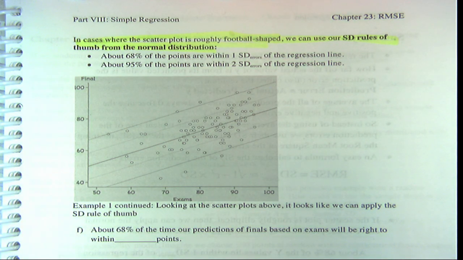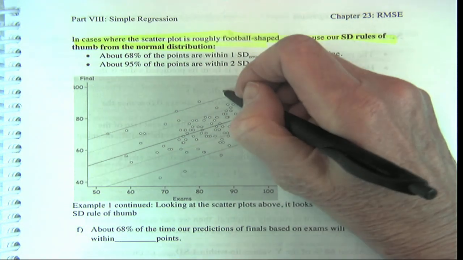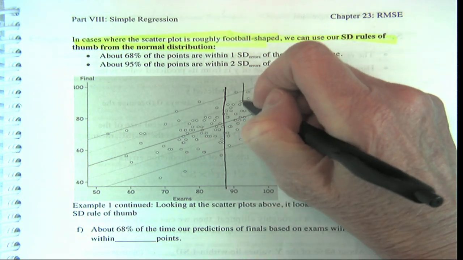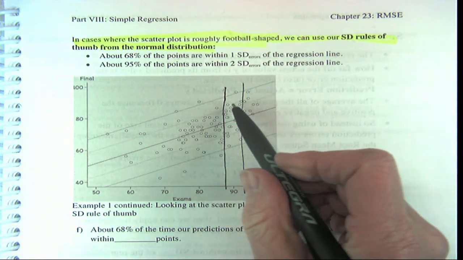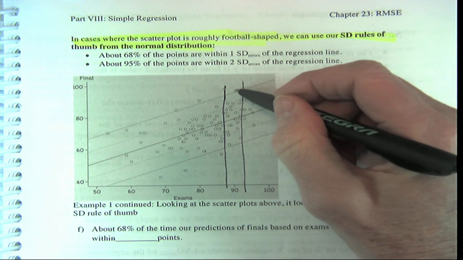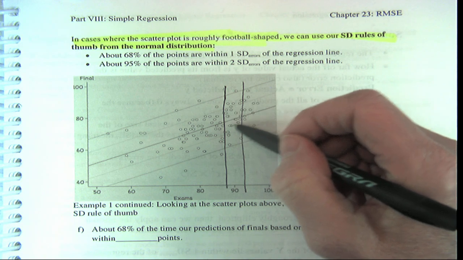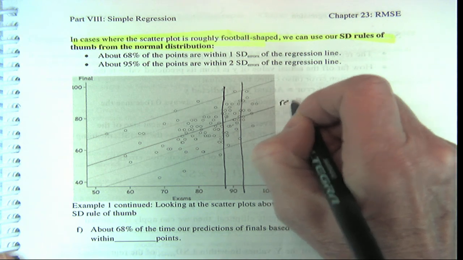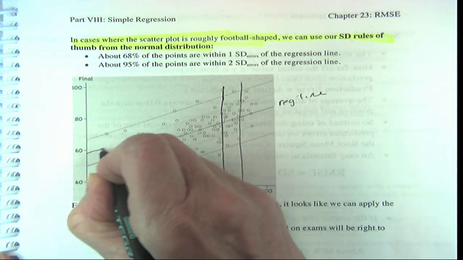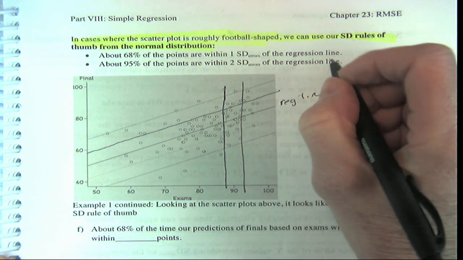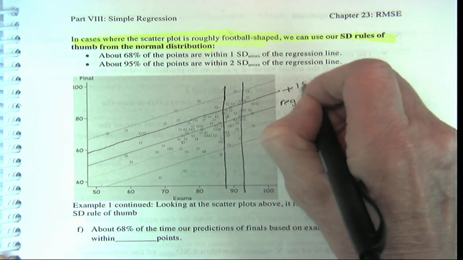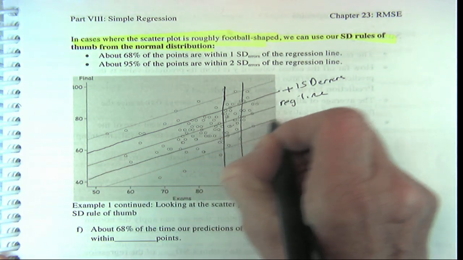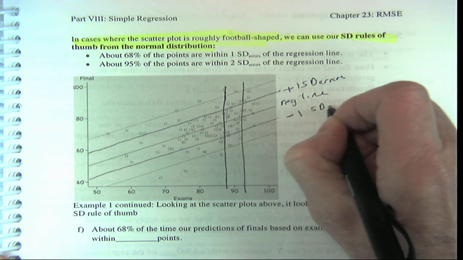What I mean is, like for the people we just looked at who scored around 90, within this vertical strip here, if I could draw it in 3D, most of the points, like 68%, are going to be within, here's your regression line right here, and here's one root mean square error above, so that's plus 1 standard deviation of the errors, and this is minus 1 standard deviation of the errors.